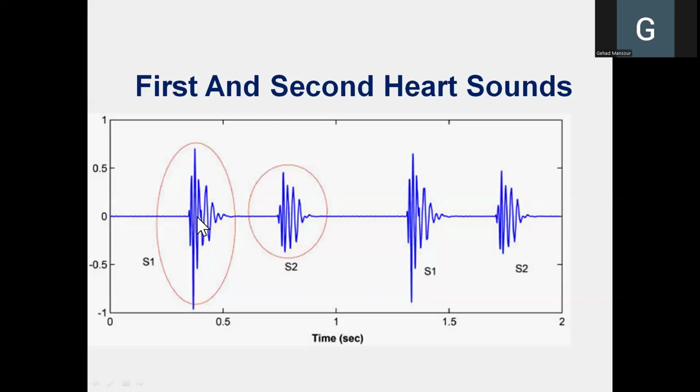The time lapse between S1 and S2 is systole, and the time between S2 and the following S1 is diastole.